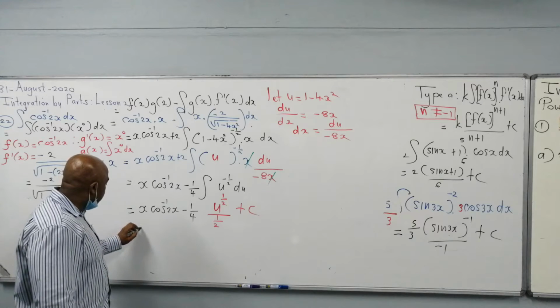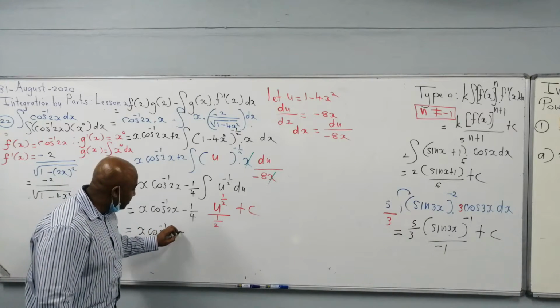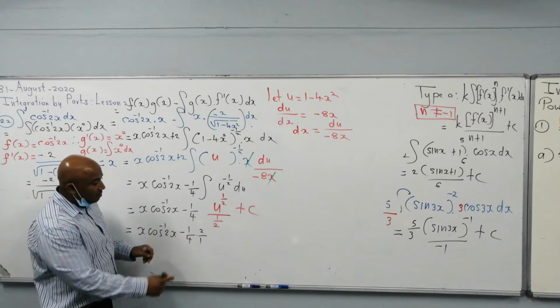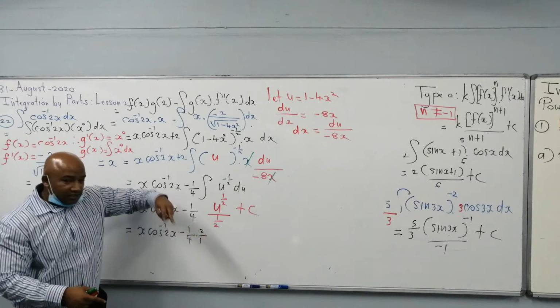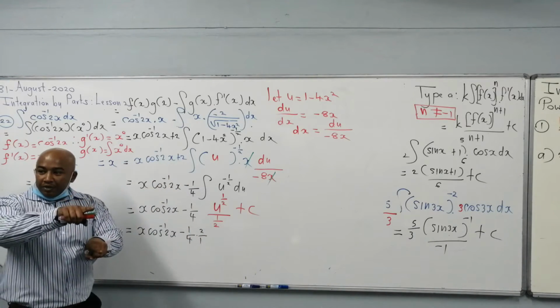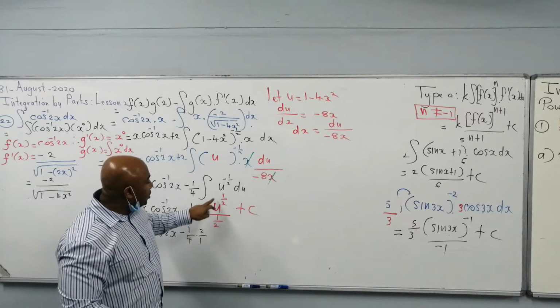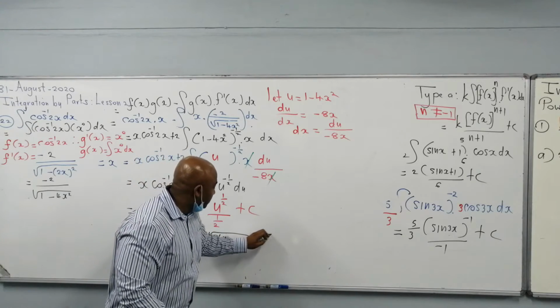So therefore, I got x times inverse cos 2x. This is minus 1 over 4 times 2 over 1. Remember, I'm dividing by half. So if I bring this to the top, I need to swap numerator and denominator there. So it will be times 2 over 1. U to the power half is the same as the square root of u.